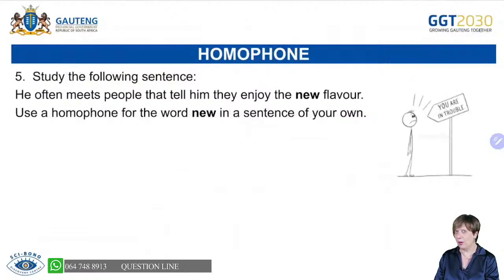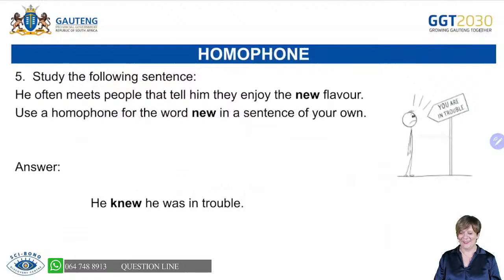So obviously my word has to look different. Did you get it right? He knew he was in trouble. There's my little boy. He's in trouble. And you're in trouble if you didn't get this right. Just a joke. But can you see how I have to do it? And I have to do it in a sentence of my own. And the sentence must make sense. And there's the homophone I've used.